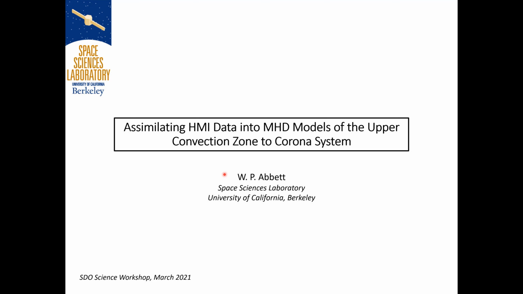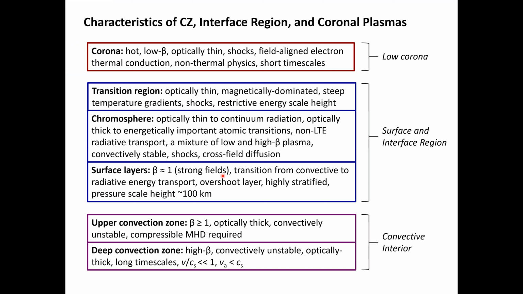So the first challenge, of course, is trying to get your code to encompass the regions where the observations are actually taken. We've been working on this problem for quite a long time. It boils down to the challenge of modeling regions in the solar interior and atmosphere that are very, very physically different.